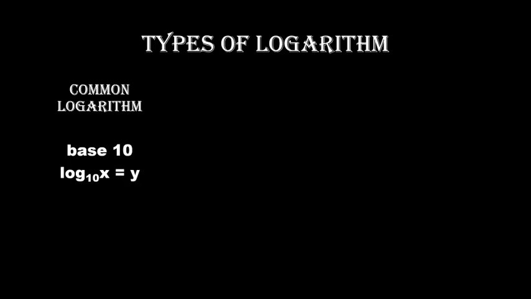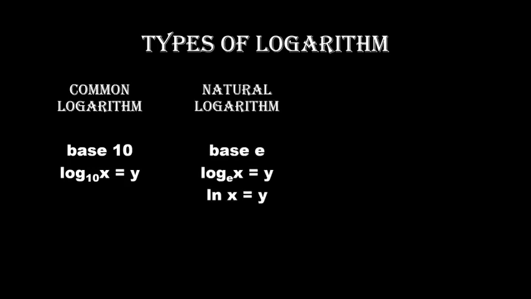Okay, so the next one is the natural logarithm, which is a base e logarithm. The general format is log x base e equal to y. Or it can also be written as ln of x equal to y. The base e represents the Euler's number, which is approximately 2.71828.